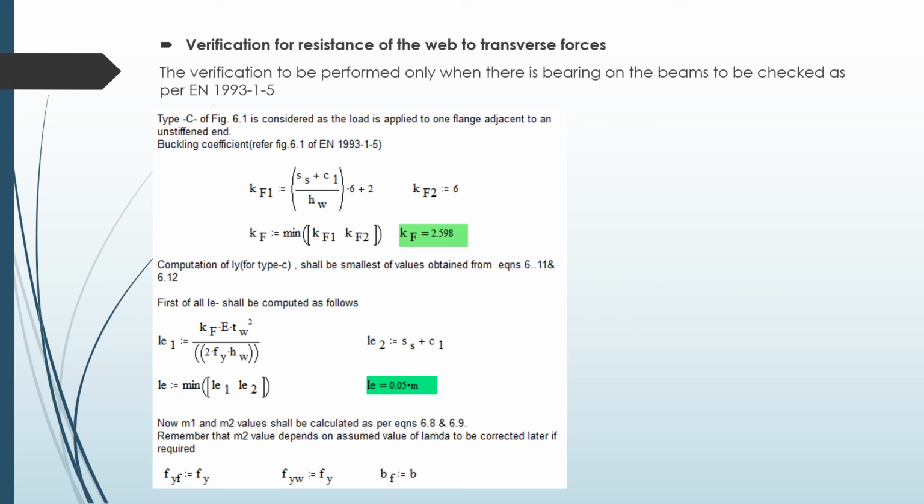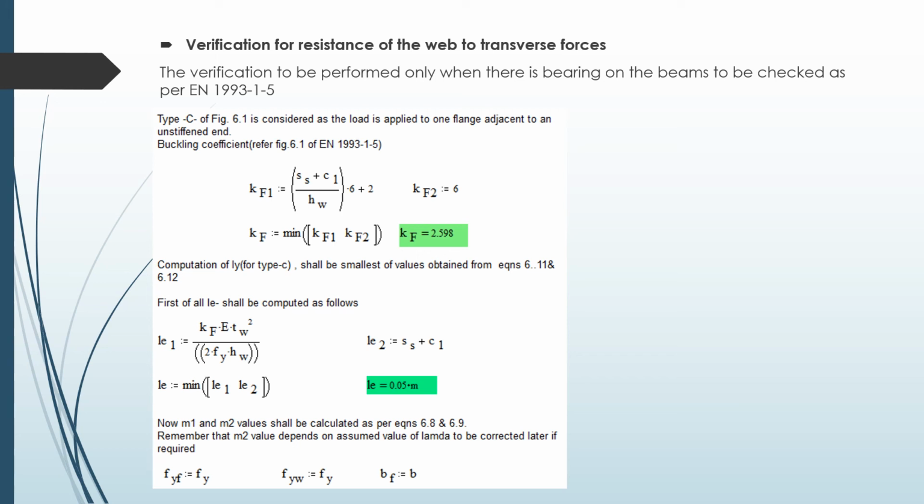The objective of this verification is to check the capacity of the web at the bearing level. So first we shall proceed for the calculation of the buckling coefficient kF, which is obtained as 6 plus 2 times (ss plus c1) by hw, and this works out to be 2.598, and this is less than 6.